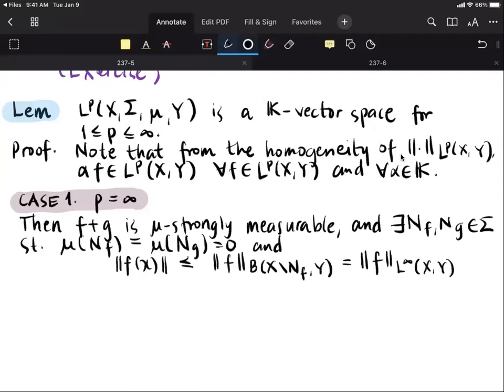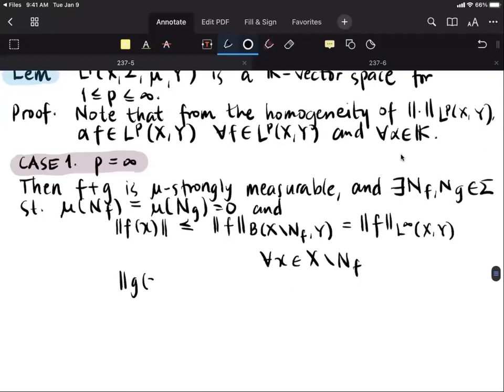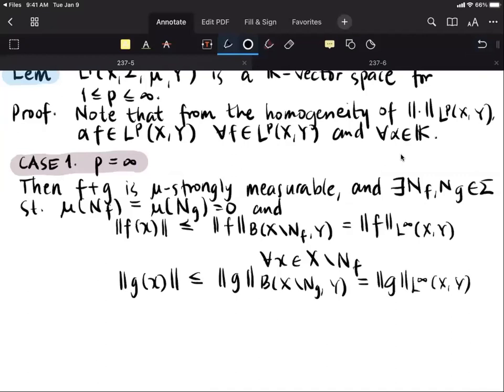Here I am already saying that it's a norm, but we haven't verified it yet. So with respect to this value, for any x except on the null set N_f. You do that also for g. So we can choose this null set N_g in such a way that this norm is equal to this value here, for all x not in N_g.